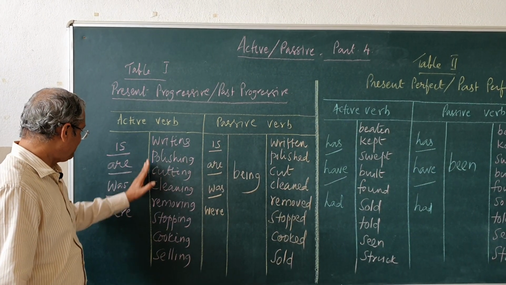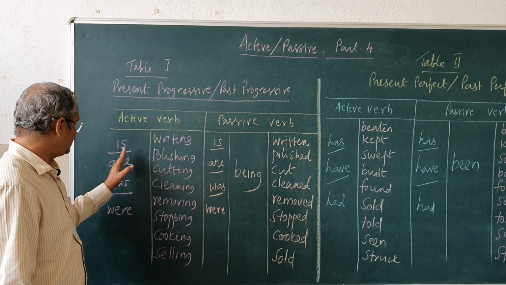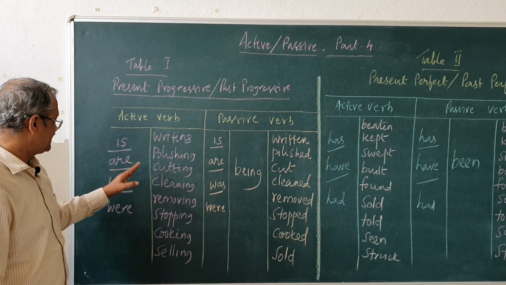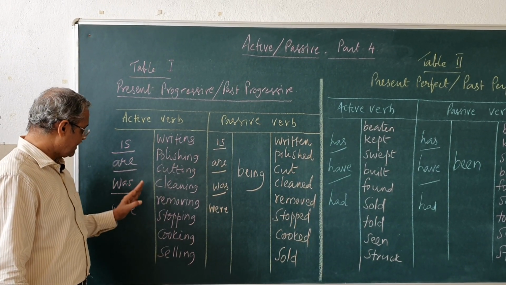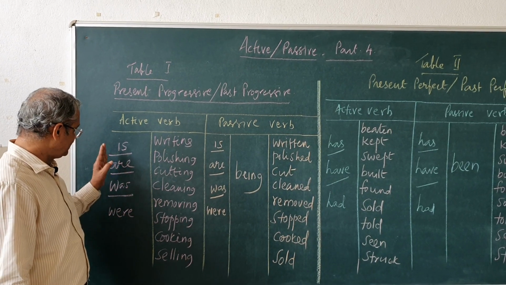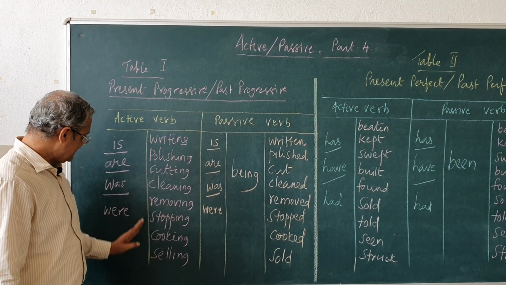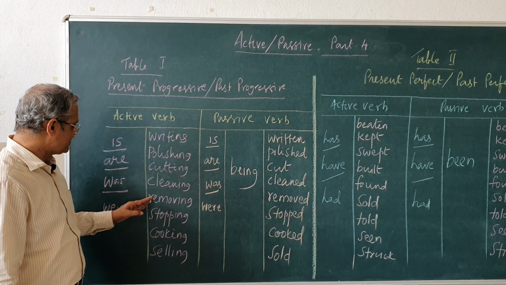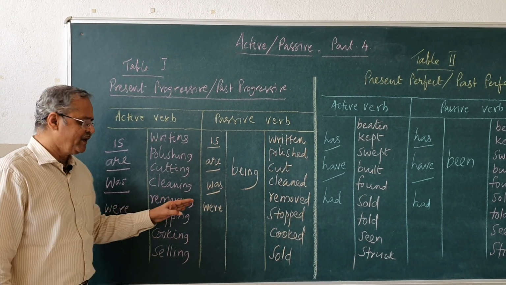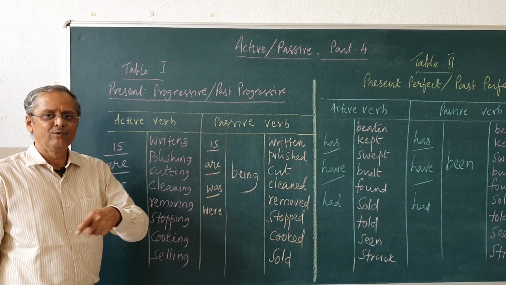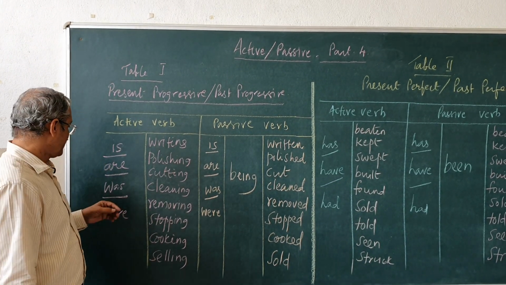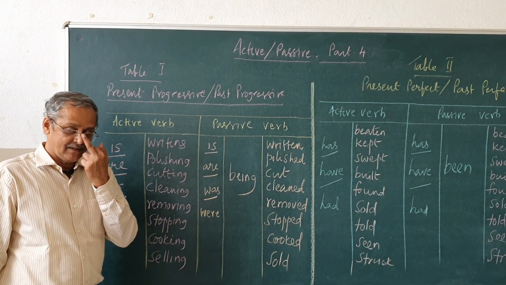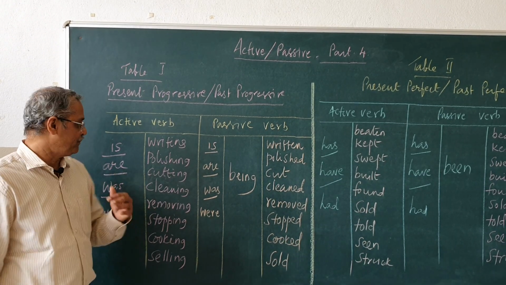So, I have given you the verbs like that: he is writing, he is polishing, he is cutting, he is cleaning, he is removing, he is stopping, he is cooking, he is selling. He was removing the nail, the nail was being removed by him. He was cutting the grass, the grass was being cut by him.